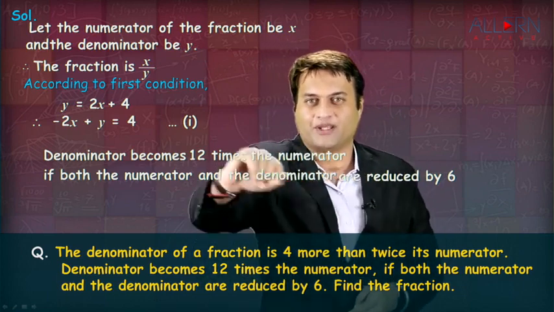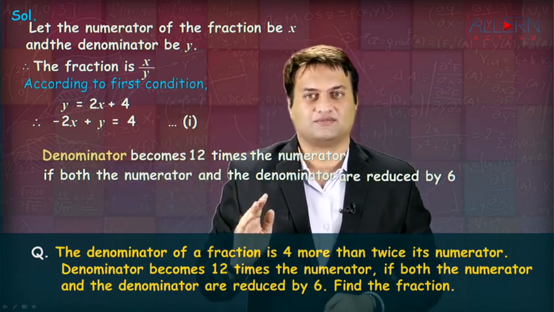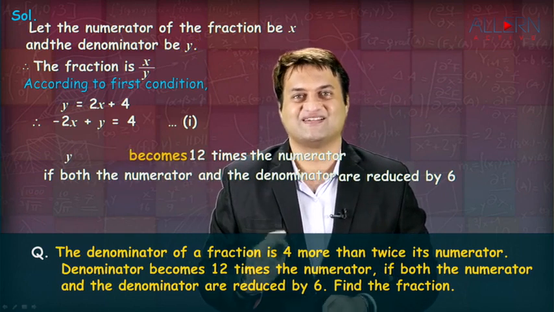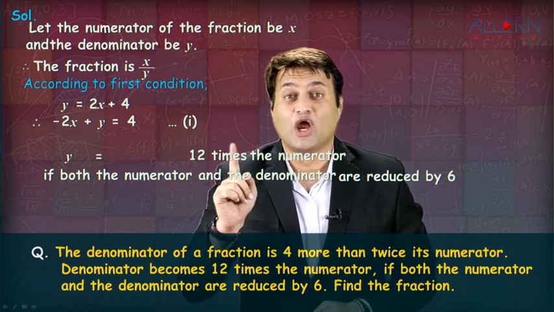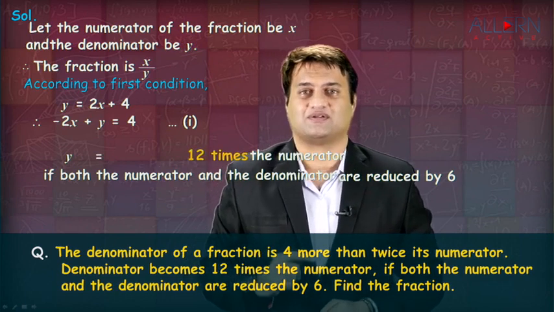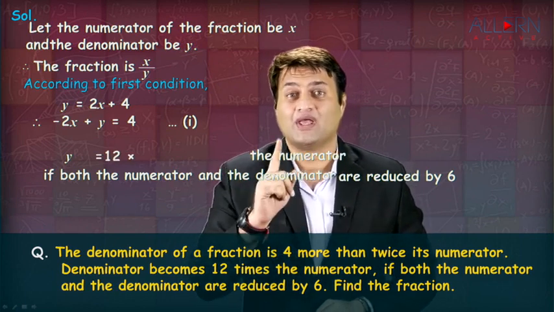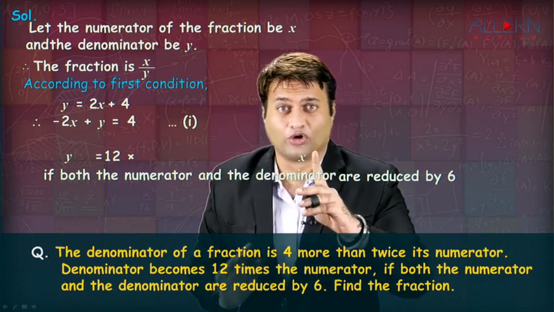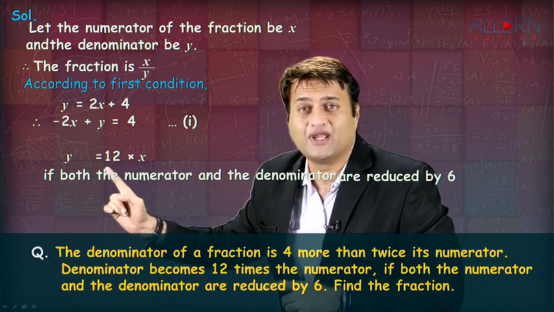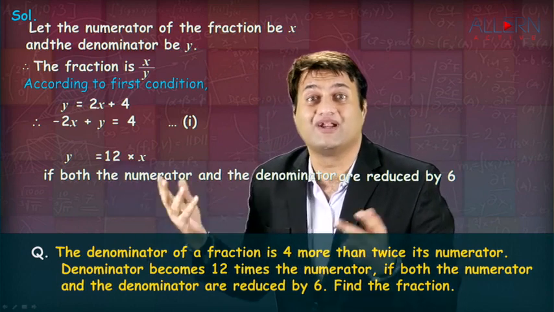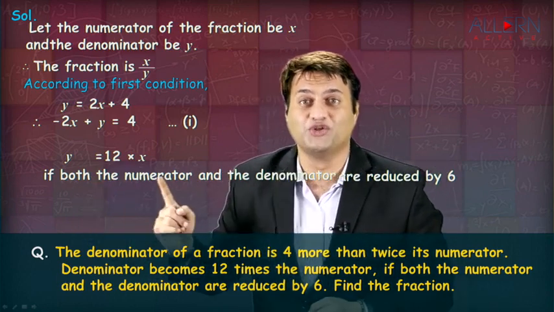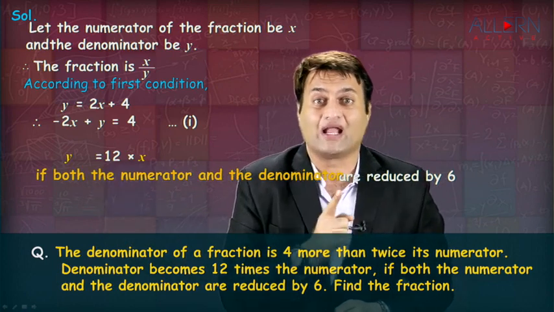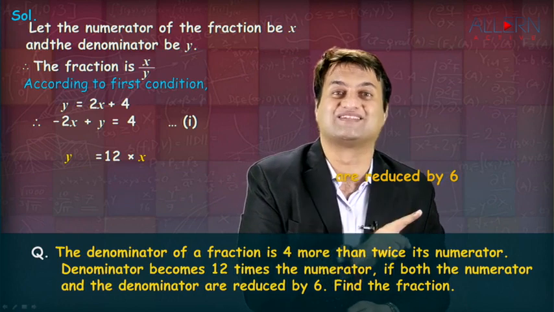Let us go step by step. Denominator, that is y, becomes is equal to 12 times, that is 12 into the numerator, right. But hold on, when denominator becomes 12 times the numerator, when both the numerator and denominator, that is x and y, are actually reduced by 6.